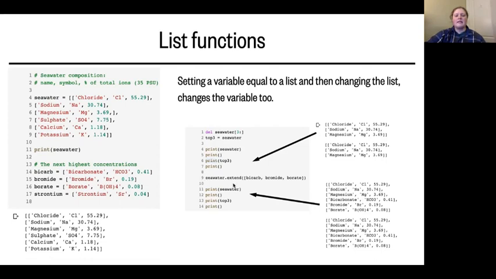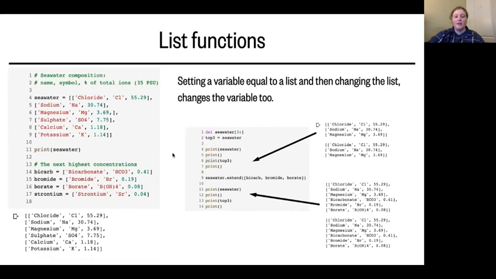But then I extend just seawater with bicarbonate, bromide, and borate, right? I haven't touched top 3, but when I print seawater and I print top 3, look, they match now. And that's because the top 3 item is pointing at the same thing as the seawater object.